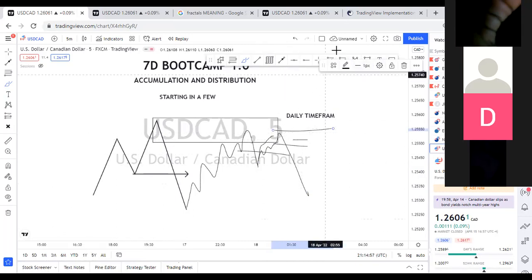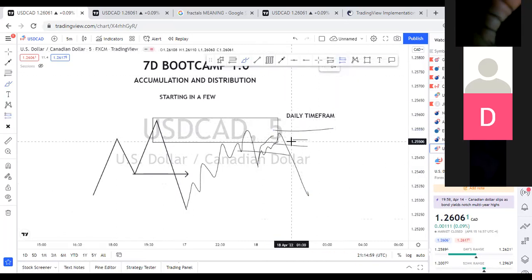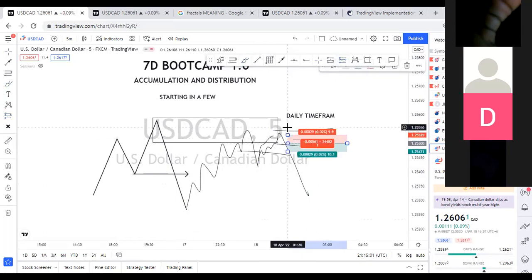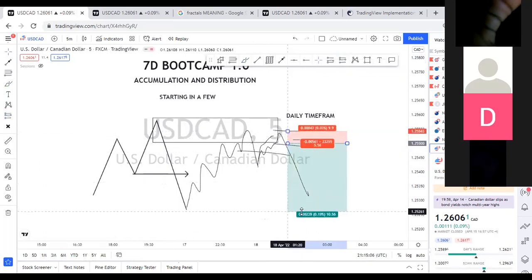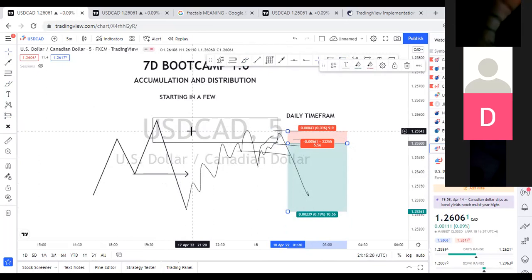Imagine your entry somewhere around there, and your stop loss, and then 1 to 5, that's beautiful already. Just on understanding the fractal nature of price and understanding that redistribution and reaccumulation are further things that you need to put into your checklist.